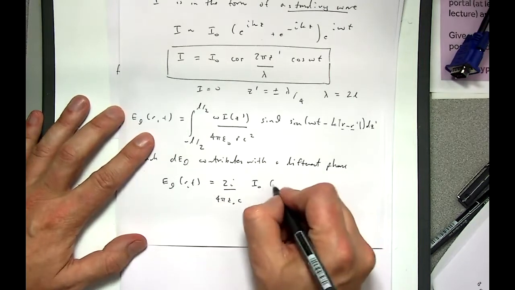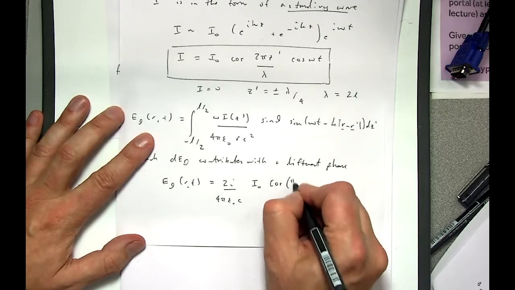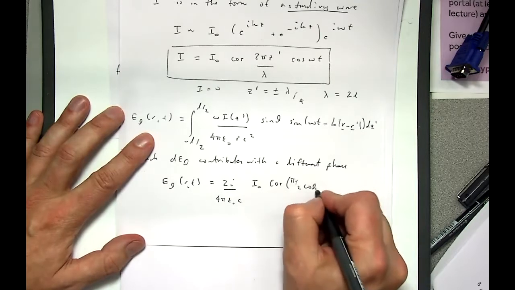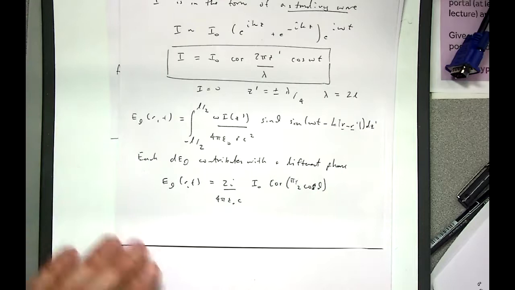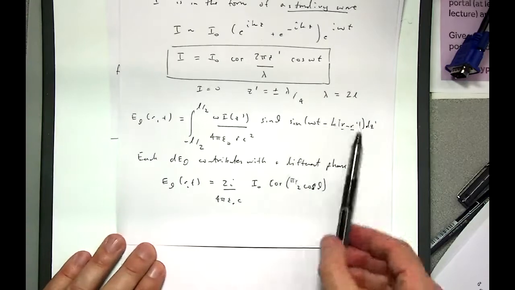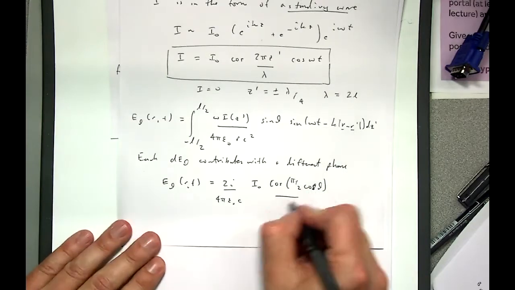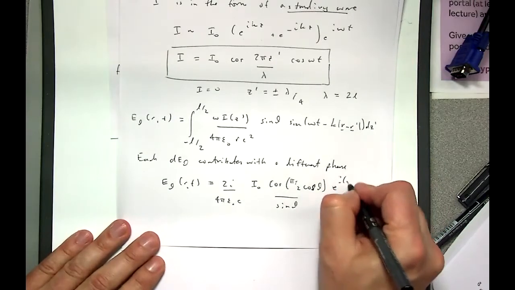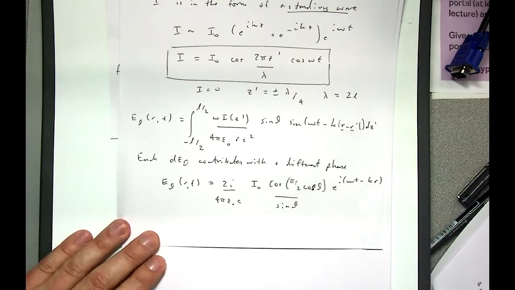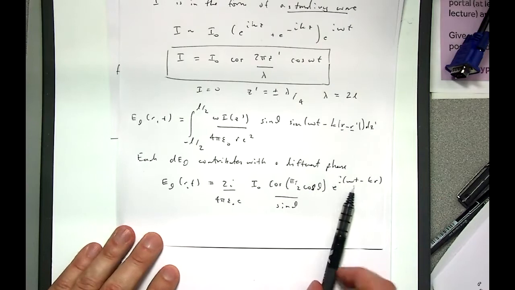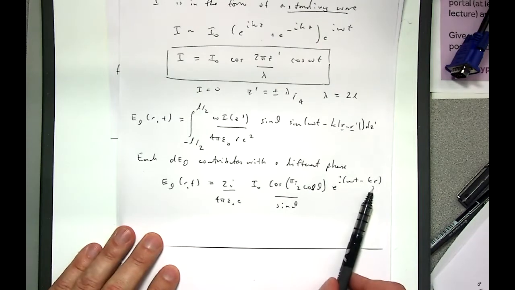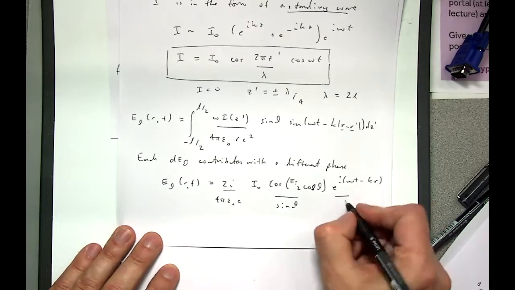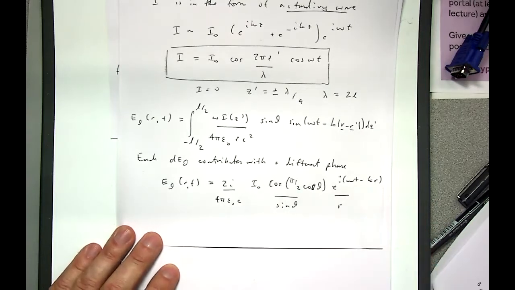When you work it out, you get cos pi over 2 cos theta. That comes from this integral, taking account of that phase difference, over sine theta. And then you've got e to the I omega t minus kr. This bit on the right here is the charges moving up and down, and that's the phase shift. That's basically how far the radiation has gone between where it's generated and where it's seen. And it obviously varies as 1 over r, and that 1 over r has come from over there.